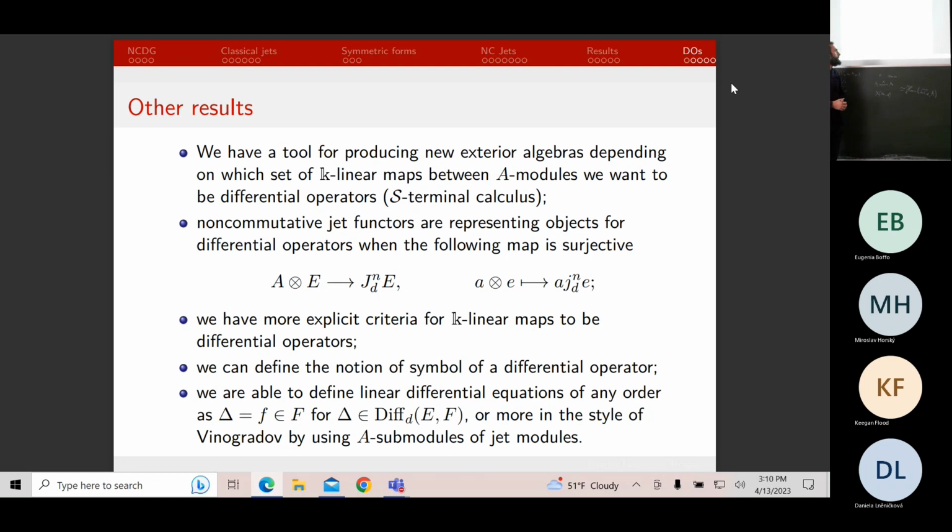But one could formulate things more in line with the noncommutative style, and define a differential equation as a sub-bundle. In general it would be a sub-object, but the best we can do so far is just considering sub-bundles of the m-jet functor, and that's an issue.